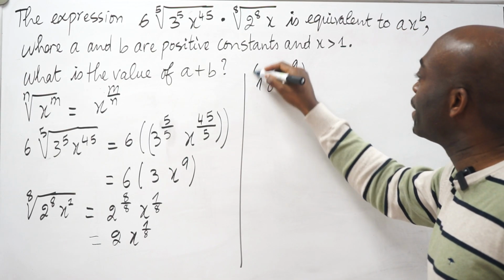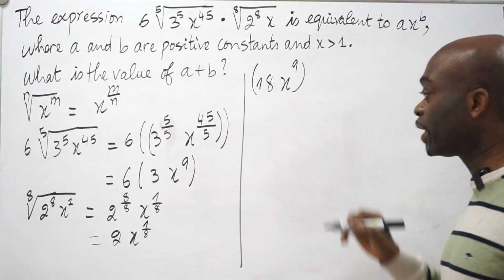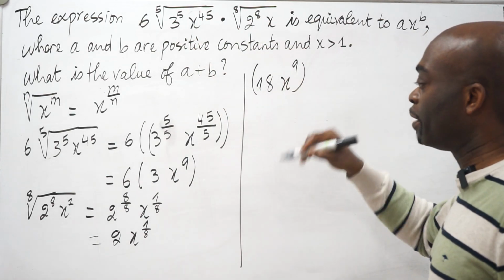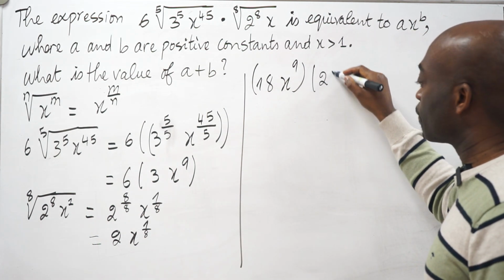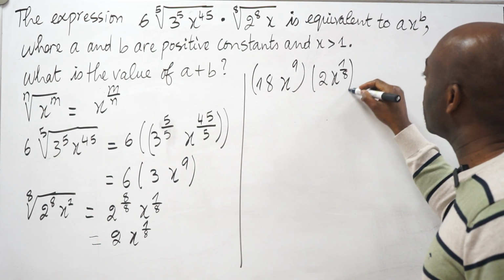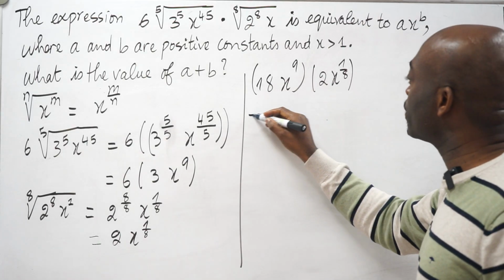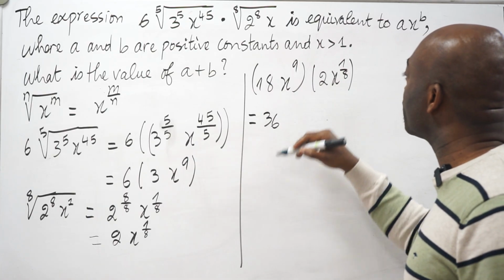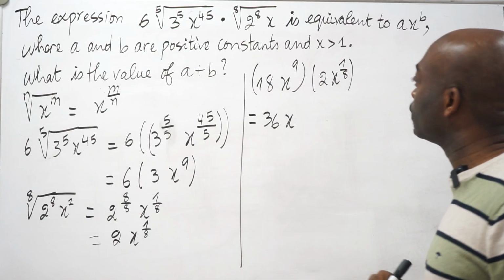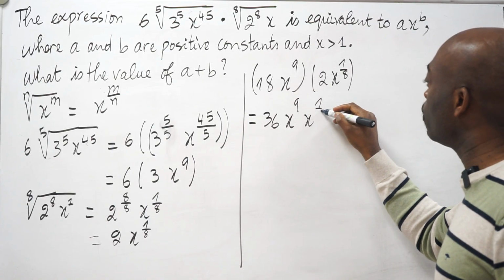We're multiplying that by this one here, so times 2 x to the power 1 over 8. Okay? So this is going to be equal to 2 times 18, which gives us 36. Then we have x to the power 9 times x to the power 1 over 8.